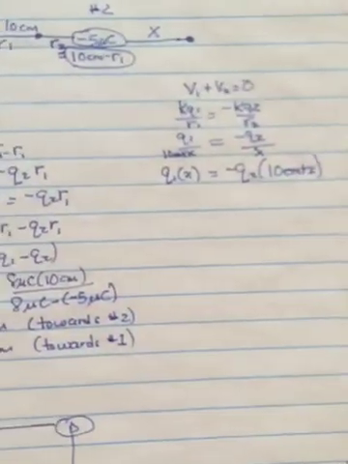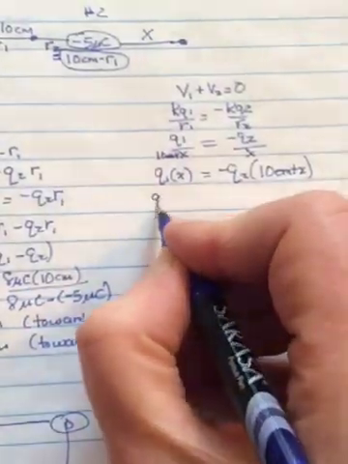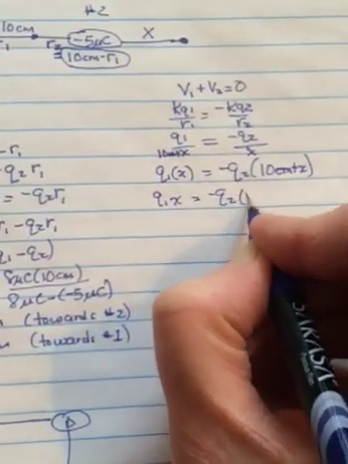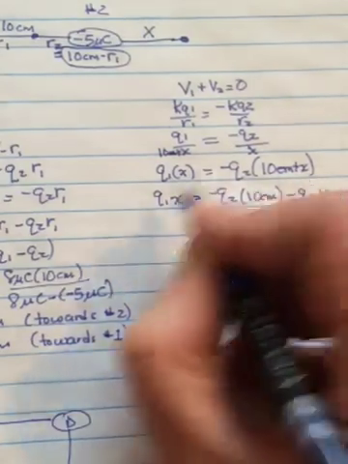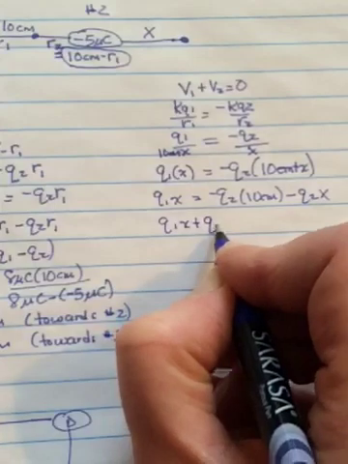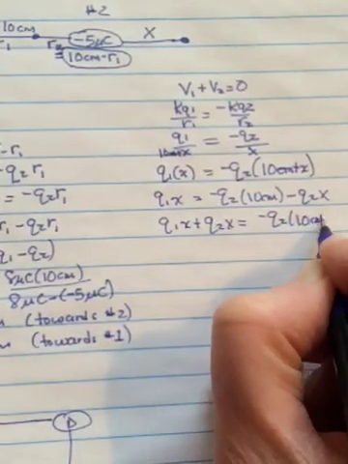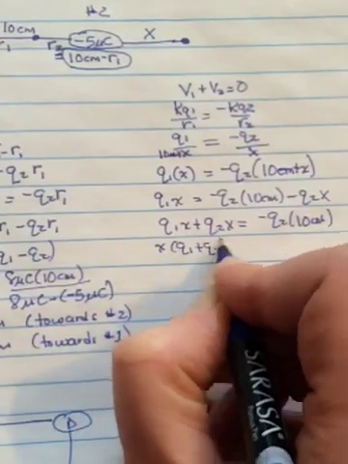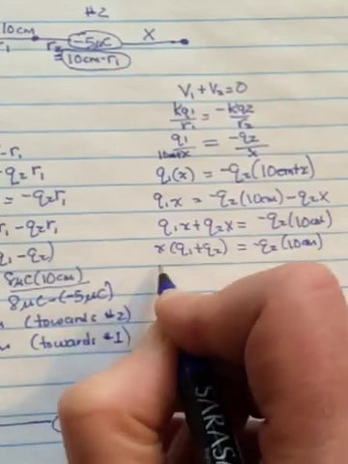Okay, so we now multiply through by the brackets. Q1x is equal to negative Q2 times 10 centimeters minus Q2 times x. Take this guy over. Q1x plus Q2x is equal to negative Q2 times 10 centimeters. Pull out the x. Q1 plus Q2 times x equals negative Q2 times 10 centimeters, and divide.